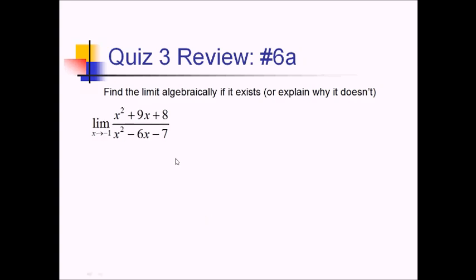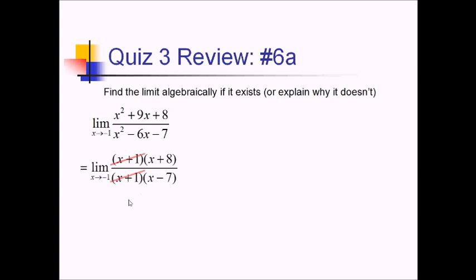Now, another way of doing this problem, for those of you who already saw the L'Hopital's version of the solution, is you can try factoring and reducing and canceling out whatever was giving you 0 over 0. Numerator, we can factor into x plus 1 and x plus 8. Denominator factors into x plus 1 and x minus 7. And then those x plus 1s cancel out.